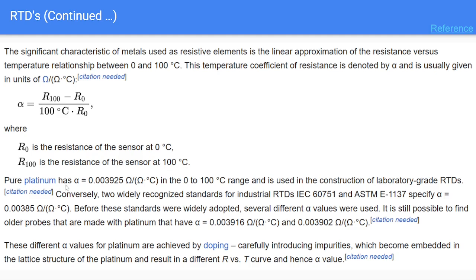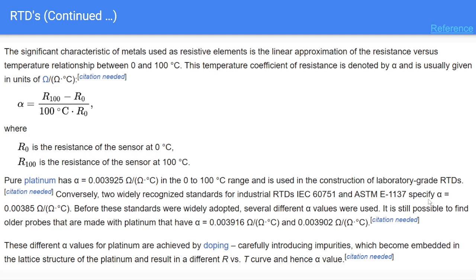Pure platinum's alpha is 3.9 milliohms per ohm degree Celsius in the 0 to 100 degree Celsius range, and is used in the construction of laboratory grade RTDs. Conversely, there are two widely recognized standards for industrial RTDs. I don't expect you to remember the numbers of these standards, but as a learning point, RTDs, or any sensor for that matter, fall under a certain standard.